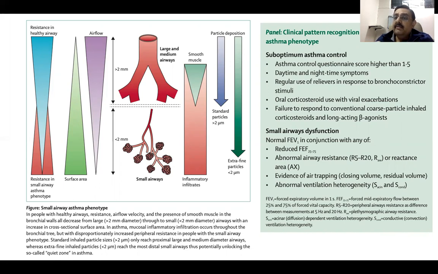So oscillometry has been a good modality to look at this phenotype of asthma, where the smaller airways are involved, which are conventionally not picked up by spirometry, but are very well picked up with oscillometry because of its capacity to differentially evaluate the central and the peripheral airways.